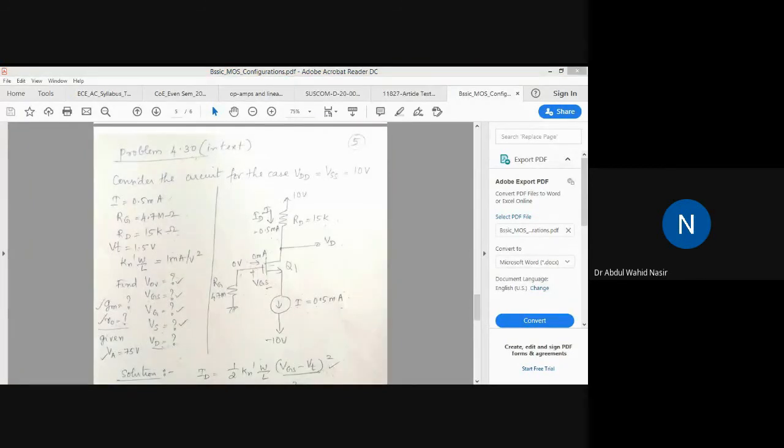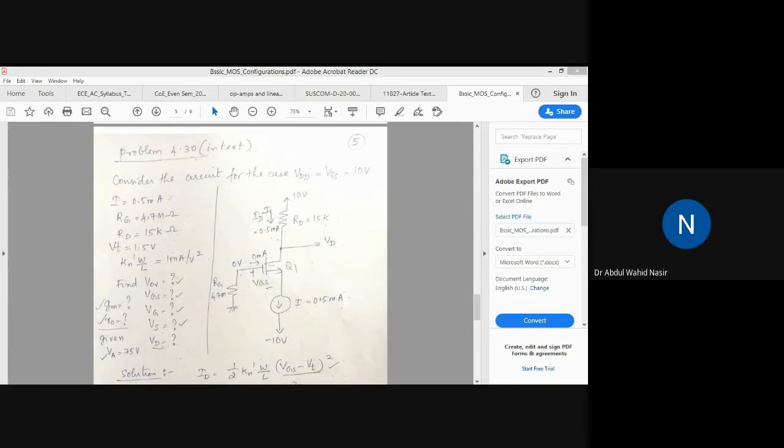In today's class we have seen the biasing using a fixed current source. Now, how to get that fixed current source: you can get it using a current mirror circuit. In current mirror circuits we have two transistors, and if we analyze that circuit you will end up with three equations: equation 1, equation 2, and equation 3.